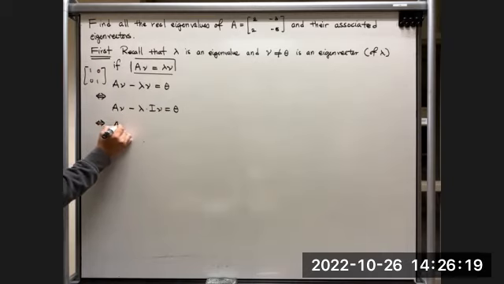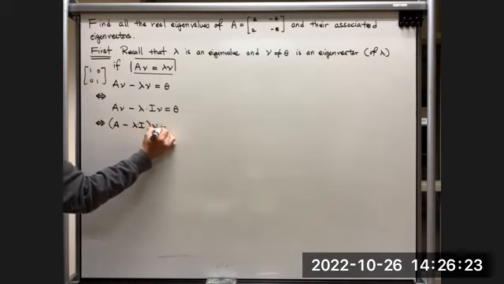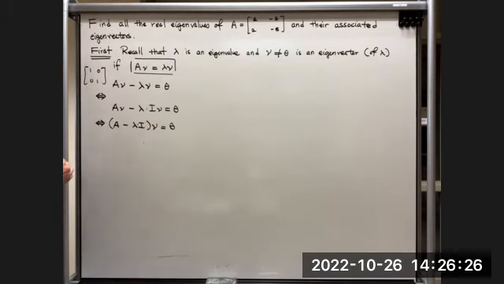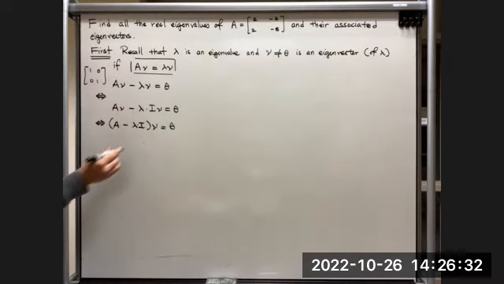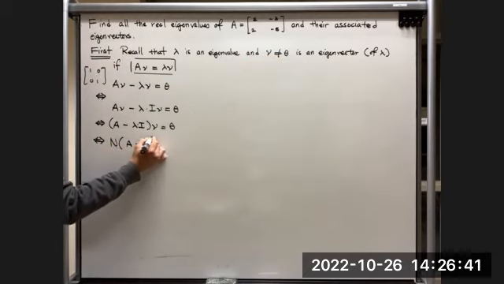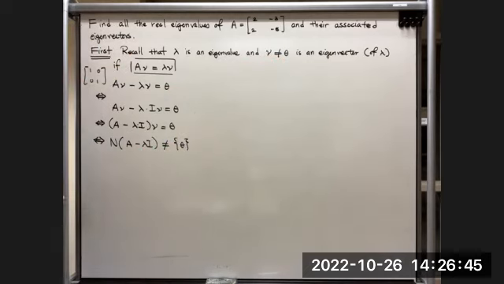So I have (A minus lambda times the identity) times v is equal to 0. So look at the conditions that we have here. We're requiring that v is different from 0. And look, this is just a matrix. So this is indicating that the null space associated with A minus lambda I is a non-trivial subspace.